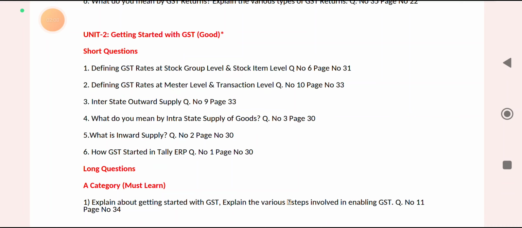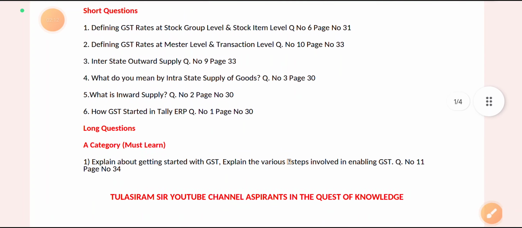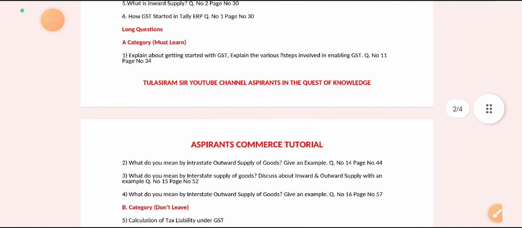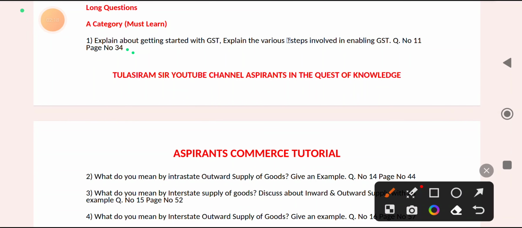This is one of the important theory questions relating to second unit, and long questions relating to second unit are, explain about GST, getting starting with GST, steps involved in enabling GST.